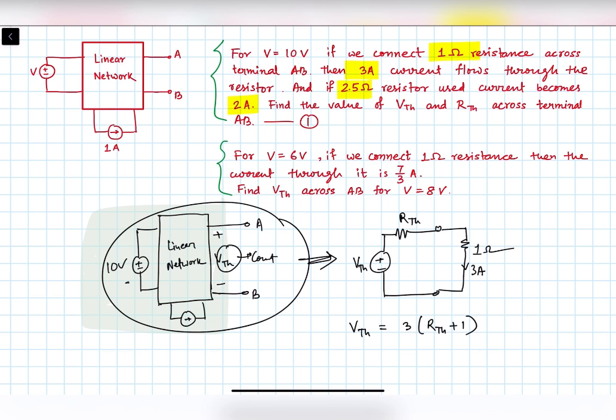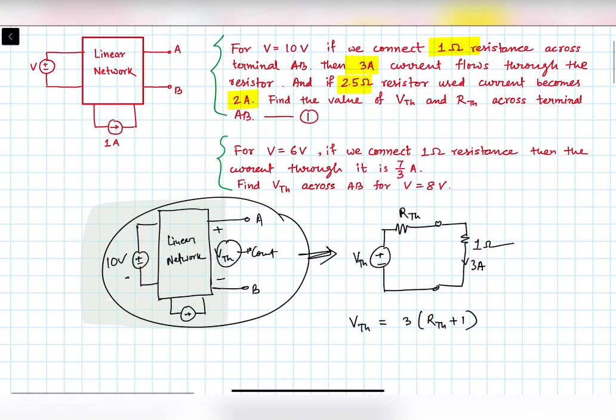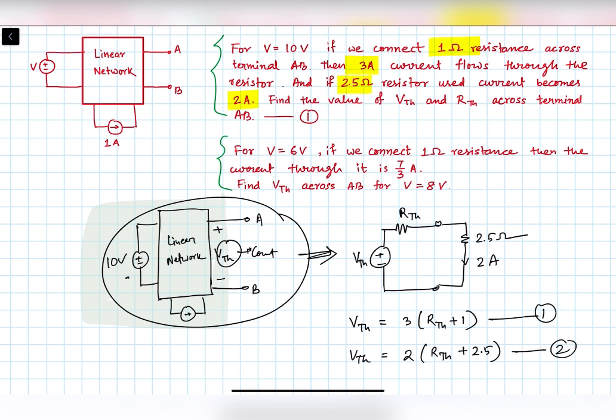This is one condition. There's another condition given. If we connect 2.5 ohm instead of 1, then the current is 2 ampere. So we get another equation, VTH equal to 2 into RTH plus 2.5. We are getting these from the two conditions that are given.